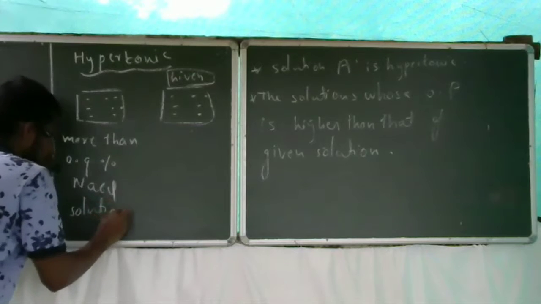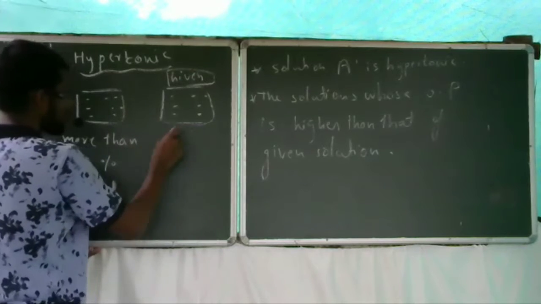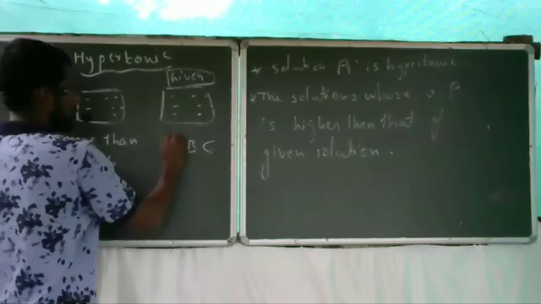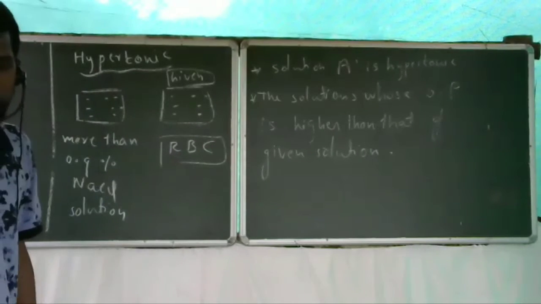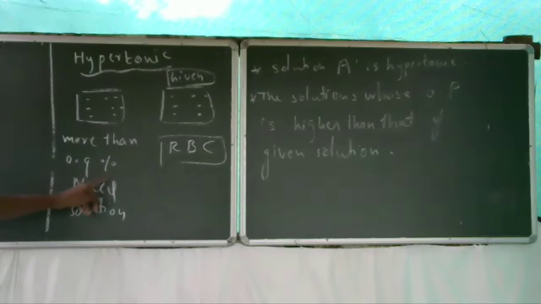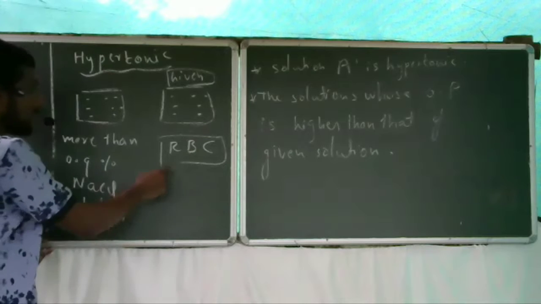Then solution B is RBC. You are taking RBC. Then you can observe the osmotic pressure of more than 0.9% NaCl is more than that of the RBC.